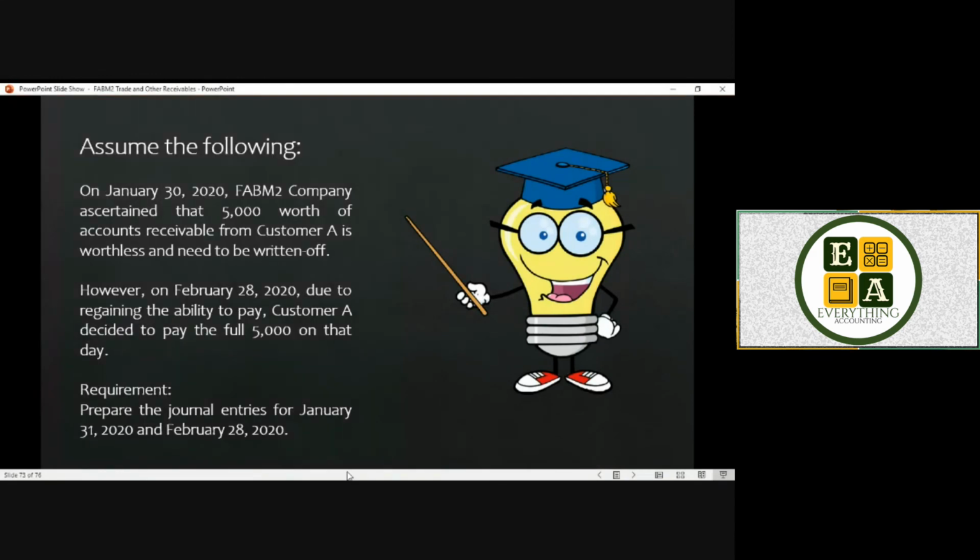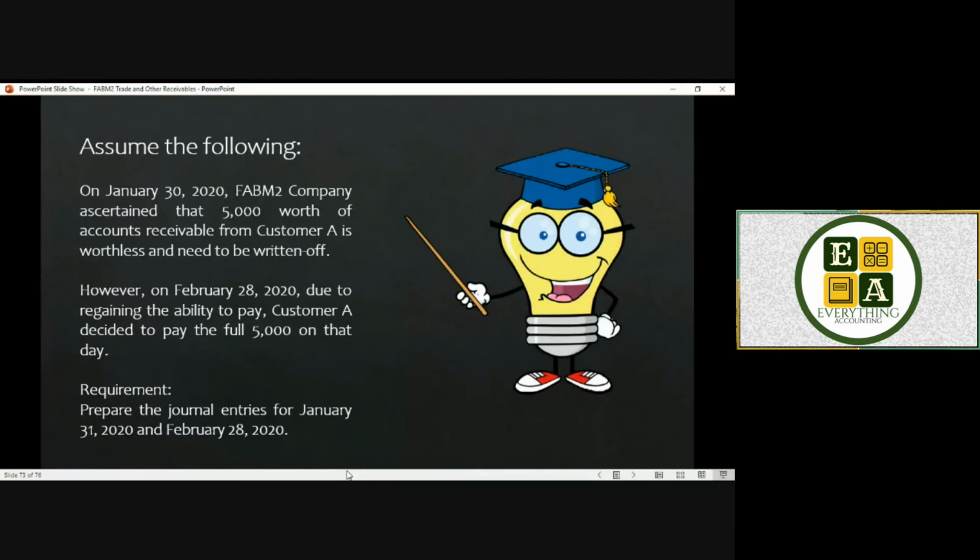Let us have an example. On January 30, 2020, FABM2 company ascertained that 5,000 worth of accounts receivable from customer A is worthless and need to be written off. However, in February 28, 2020, due to regaining the ability to pay, customer A decided to pay full of 5,000 on that day.